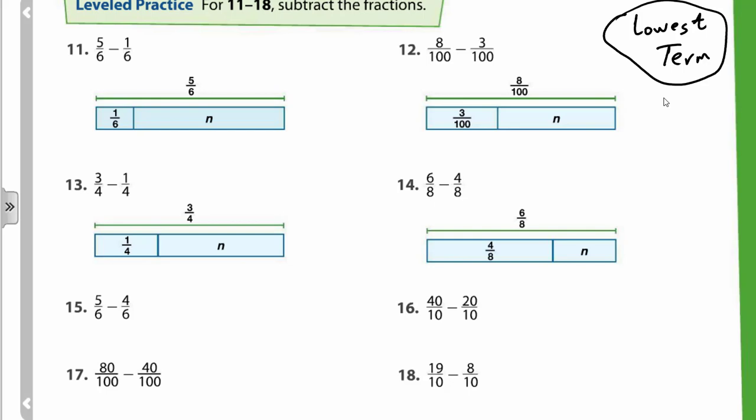Mr. Malik Osama. Yes, Master. Go ahead. 5/6 minus 1/6 is 4/6. Great. Is this the lowest term? 4 and 6 are even numbers, so we can divide by 2.